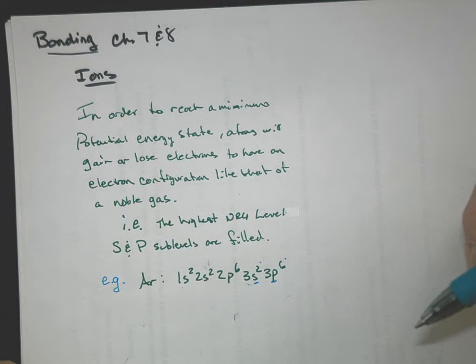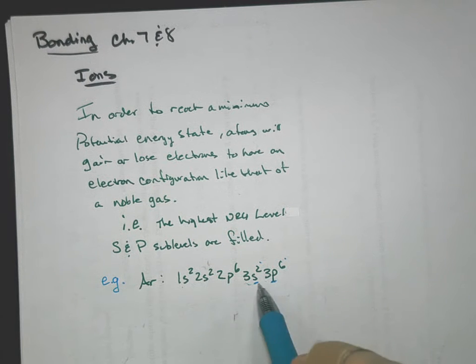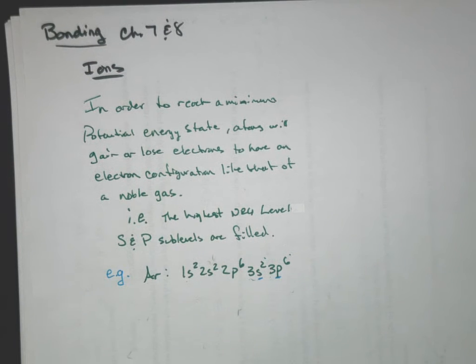The 3s2, 3p6 means that our S block and our P block are filled, and we have our highest energy level, S and P sublevels, filled. This is what it means to have a noble gas electron configuration, to have the highest energy level sublevels filled. Know what I'm saying? Okay. You got what I mean?